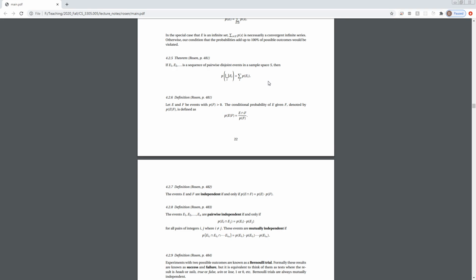And so that's basically all that there is to it. However many events you look at, it breaks down pretty simply.